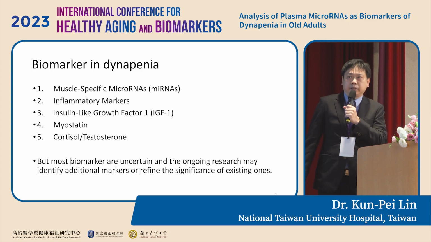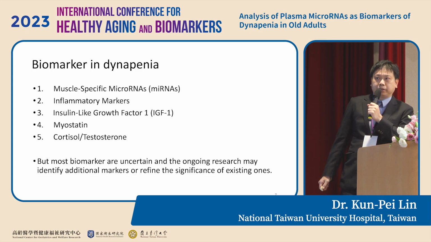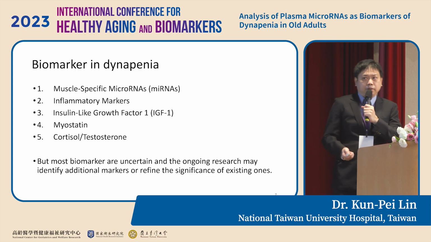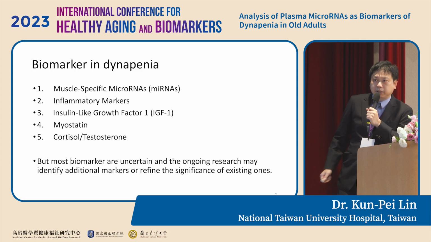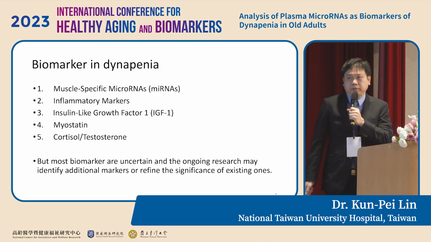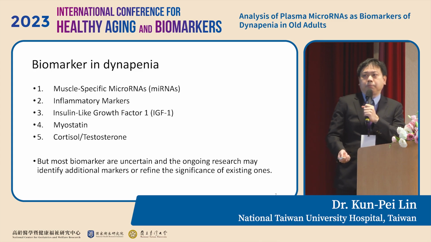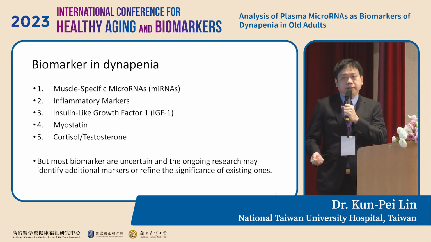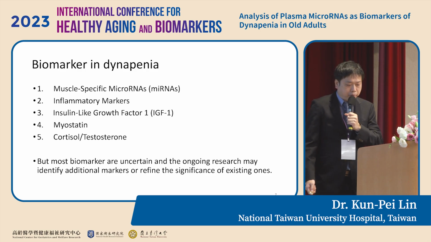Some proteins like insulin-like growth factor or myostatin have also been found. Cortisol and testosterone, these endocrine markers, have also been found in some Dynapenia cases. However, most biomarkers are uncertain, and ongoing research may identify additional markers to refine the significance of existing ones.